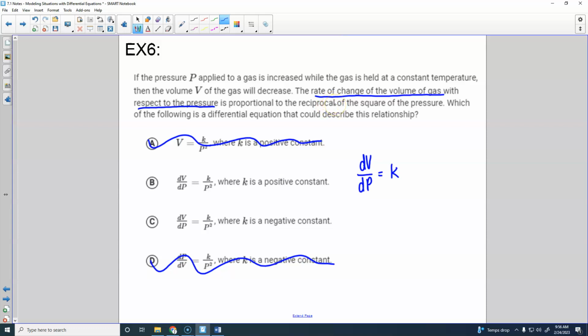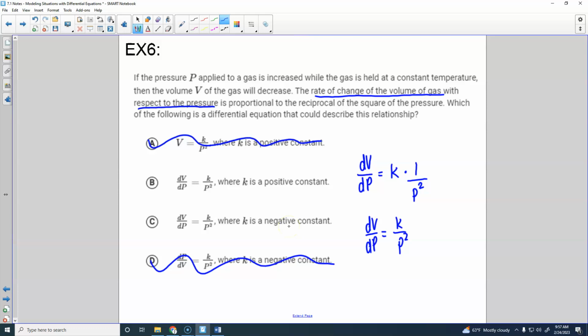What does reciprocal mean we need to do? When you have the reciprocal of a fraction, flip it. Whenever you divide fractions, you multiply by the reciprocal. So the reciprocal means we need to do 1 over, and then the square of the pressure would be P squared. And then we've got to figure out whether it's negative or positive. So we got K over P squared.